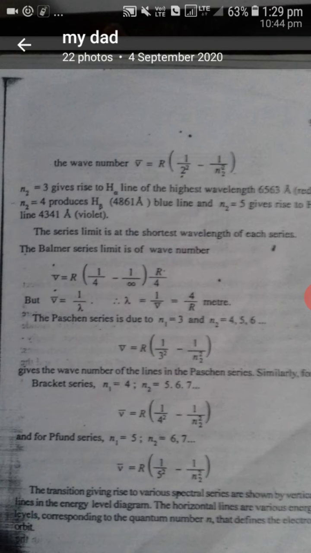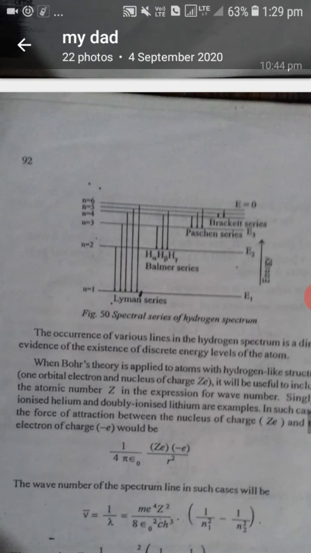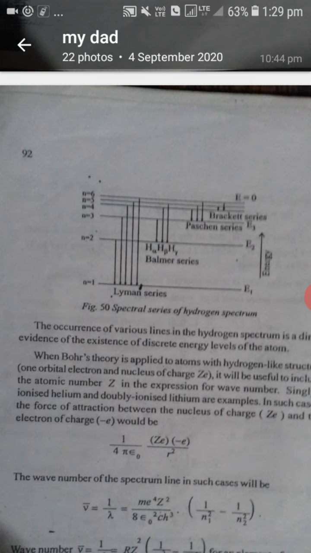Then next you see the spectral series of the hydrogen atom, that is the hydrogen spectrum. That diagram you see, that is n equal to 1, 2, 3, 4, 5, 6. Then different energy levels are given. The first is Lyman series; from the diagram you can know that the electron moves from the second, third, fourth, fifth orbit to the first.